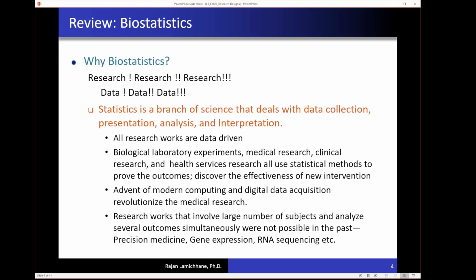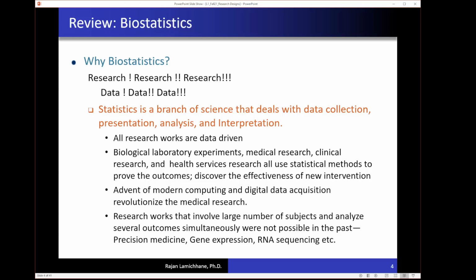It's because in order to analyze a large volume of data, you need high computing power. And in the past, there was no computer, and even though the theories were already developed in the early 1700s, statistics was not very popular, and especially there was no biostatistics at that time.